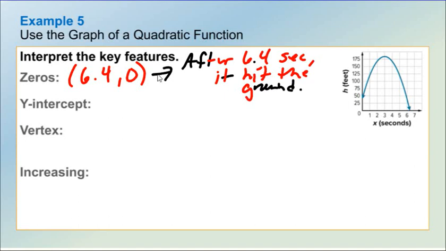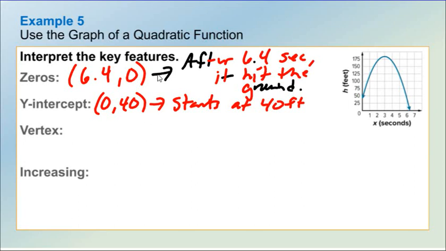The y-intercept, where it crosses the y-axis, so that's the starting height. And the starting height was our c, so that was 0, 40. So that 40 would mean it starts at 40 feet.